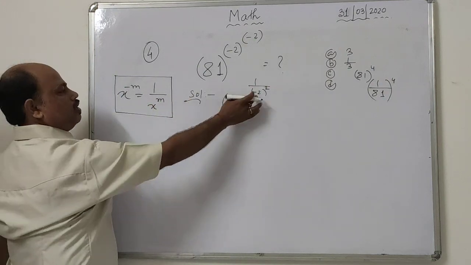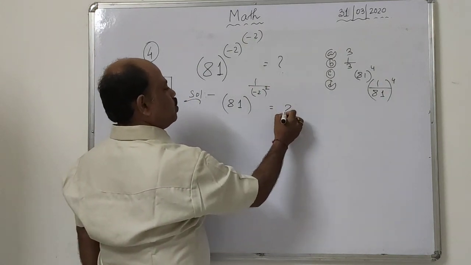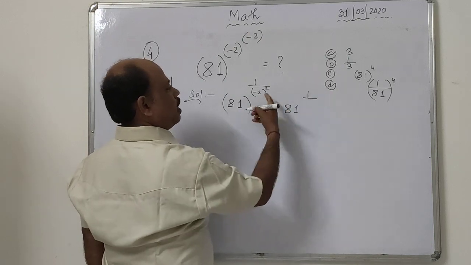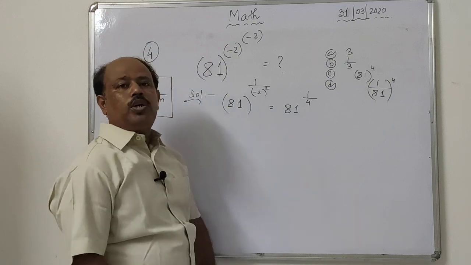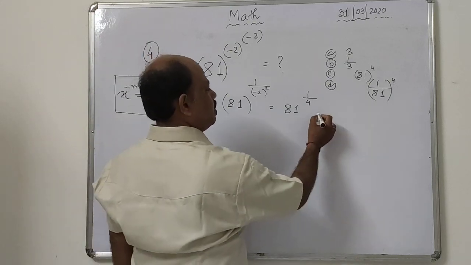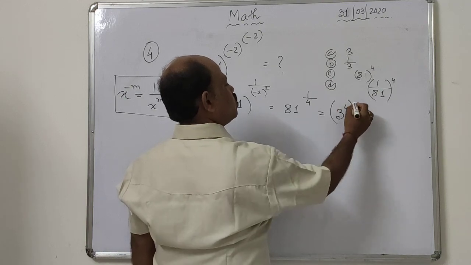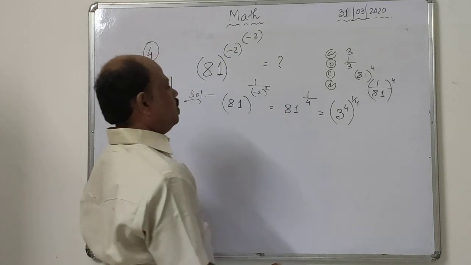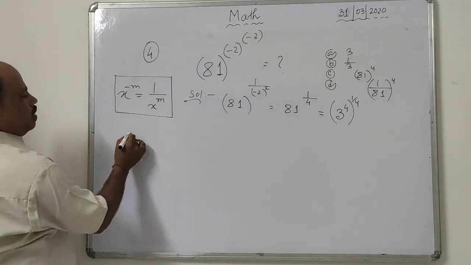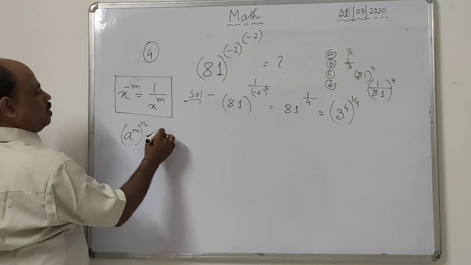This equals 81 to the power minus 2 whole square, that is 4, 81 to the power 1 upon 4. And 81 you know very well is 3 to the power 4, to the power 1 upon 4. And also there is a rule, a to the power m whole to the power n equals a to the power mn.